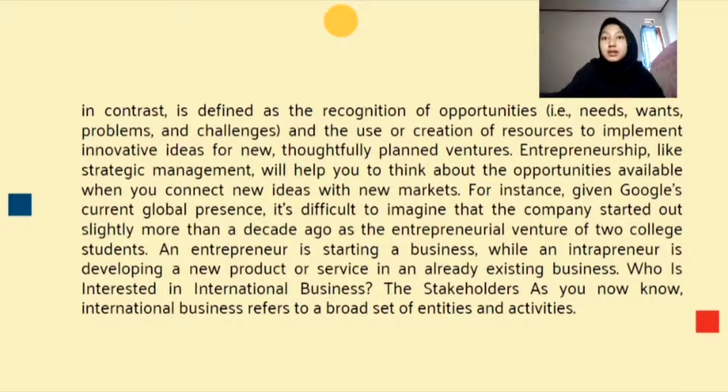An entrepreneur starts a business, while an intrapreneur develops a new product or service in an already existing business. Who is interested in international business? The stakeholders. As you know, international business refers to a broad set of entities and activities.